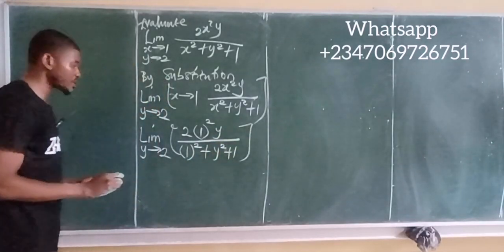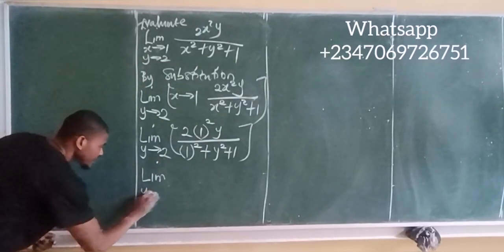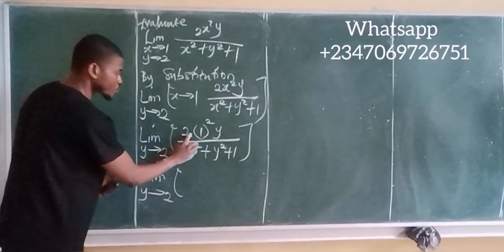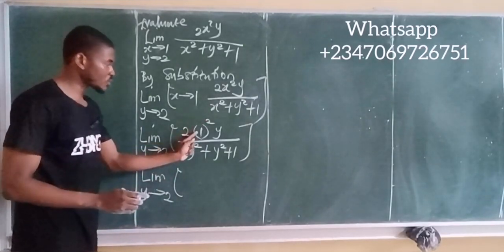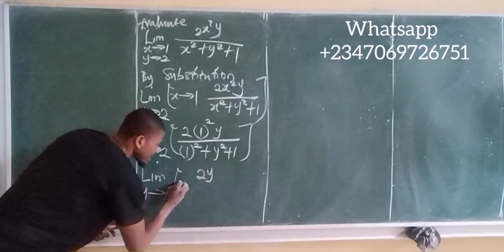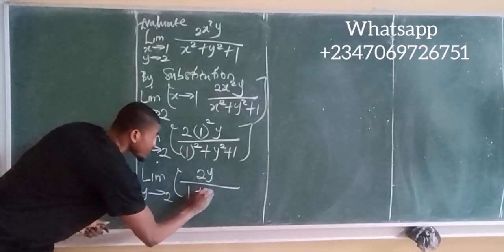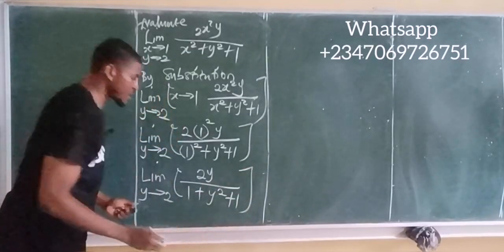So this is now limit as y tends to 2 of 2 times 1, 1 squared remains 1, 2 times 1 is still 2, times y. I simply have 2y here all over 1 squared, which still remains 1, plus y squared plus 1.